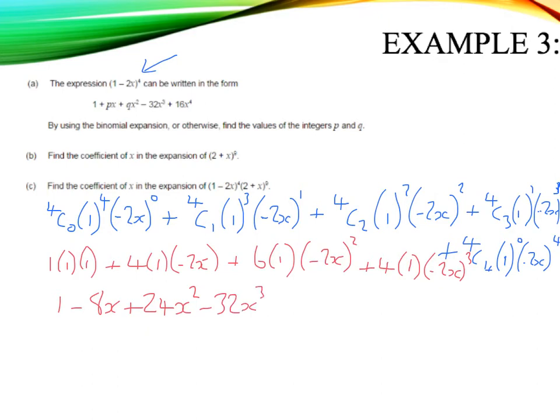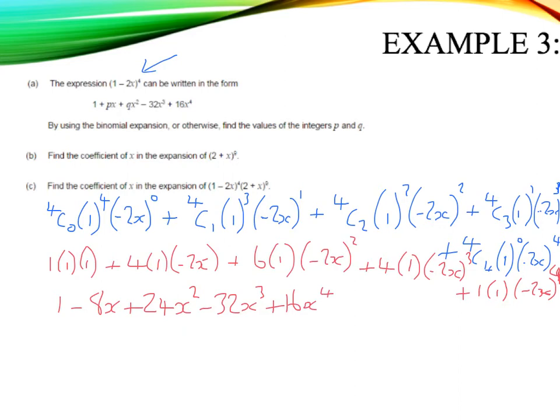And the last term is 1, so plus 1 multiplied by 1 multiplied by minus 2x all to the 4. Minus 2 to the power of 4 is, well, 2 times 2 is 4, times 2 again is 8, times 2 again is 16. This is a negative value, and it's to an even power, so it's positive. So we've got plus 16x to the 4.